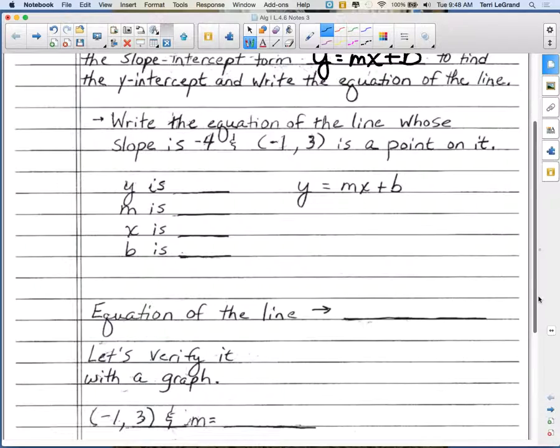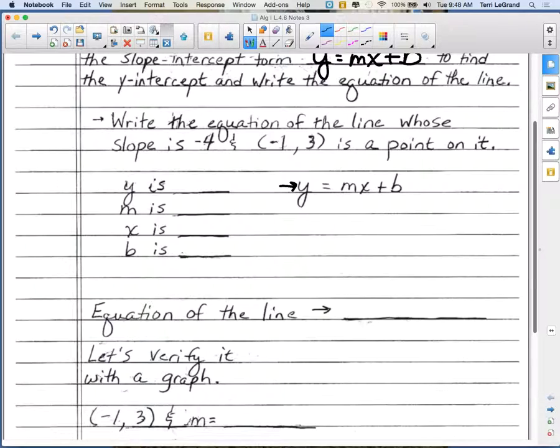If this was ordered pair (0, something), then we would know it was the y-intercept. But it's (-1, 3), so we know we don't have the y-intercept. So we're going to identify the things we do know so that we'll be able to put them into our slope-intercept form and find the y-intercept so we have our equation.